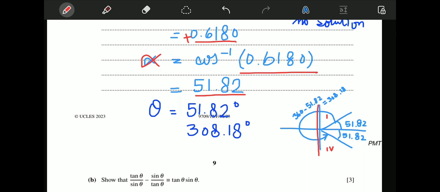The first quadrant is a cos quadrant, and the fourth, as you know, A, S, T and C. So in the first quadrant it would be 51.82 degrees, and in the fourth quadrant it is going to be 360 minus 51.82 degrees. So this will give you these two angles. Okay, fair enough.